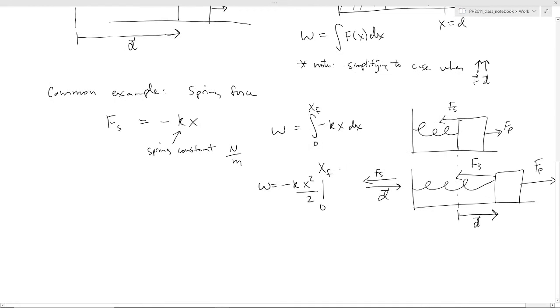And when we put in our limits, we would find that this is negative kx final squared over 2 minus 0 squared, so there would be a 0 from our lower limit.